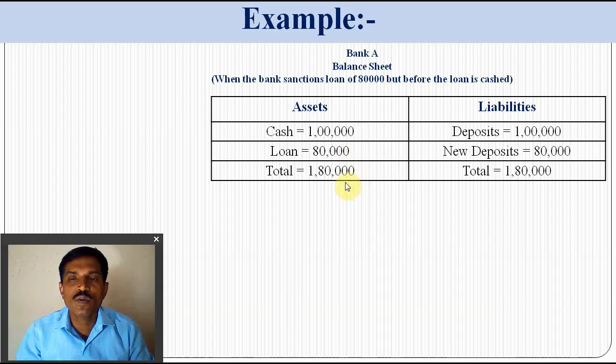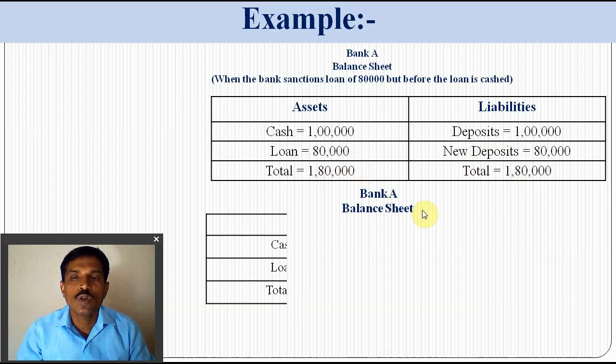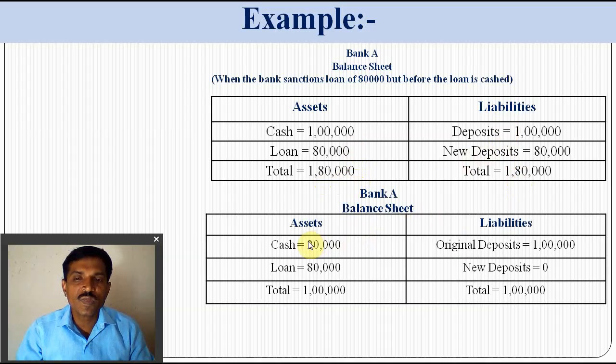So total asset side is 1,80,000 and liability side 1,80,000. In this balance sheet, cash of 20,000 is held by the bank as per the cash reserve ratio. The original deposit is 1 lakh, the loan given is 80,000, and the new deposit is 0; 1 lakh is equal on their asset and liability sides.